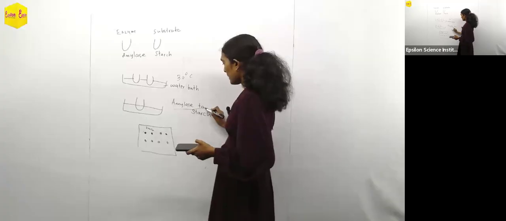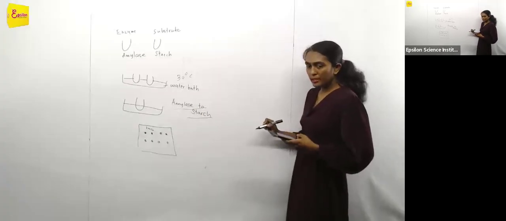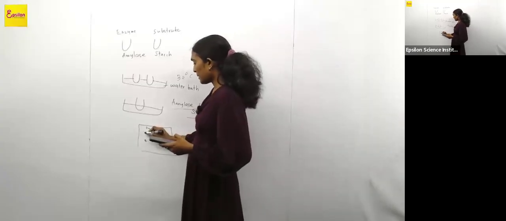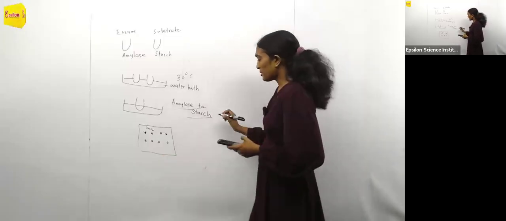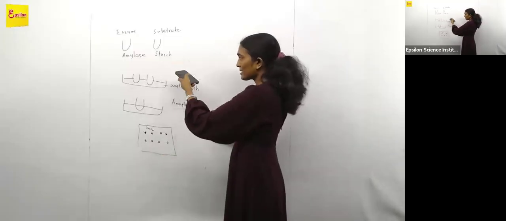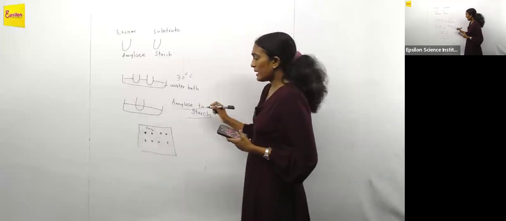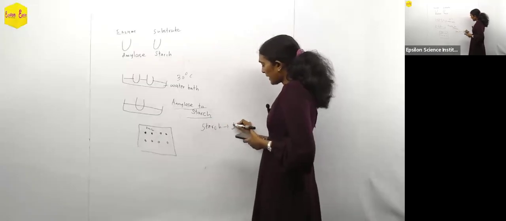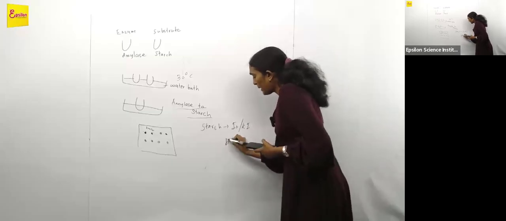This is the correct way of mixing. You are adding amylase to the starch solution, right? As soon as you mix the mixture, you will be placing a drop on top of the iodine drop, and the color change will be observed. So initially, the amylase has not converted the starch at the beginning. If the starch is already there, starch is giving a color change with iodine, that is blue-black color, right?